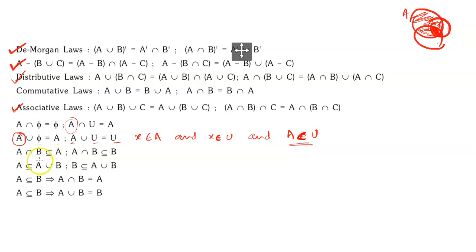A intersection B is a subset of A. Yes, because if there is a set A and there is a set B, then A intersection B is basically a part of A. So it's a subset of A, and it's also a subset of B, right?